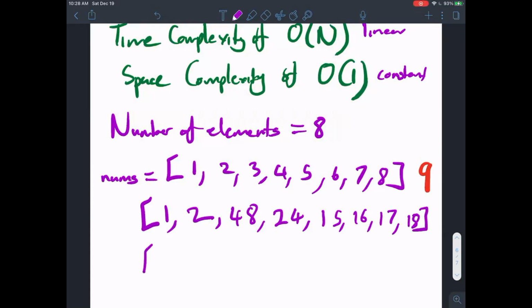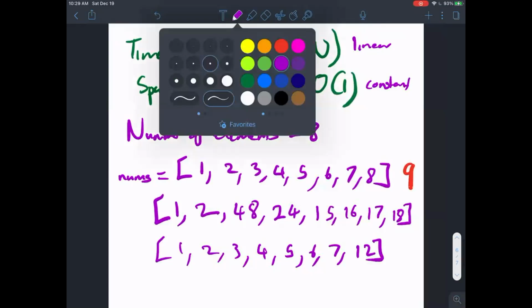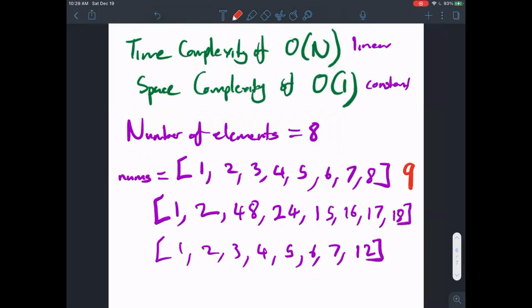Okay, let me have one last one: 1, 2, 3, 4, 5, 6, 7, maybe let me have 12. Okay. So if we look at these, we can see that here we would want it to return 3. And here we would want it to return 8.